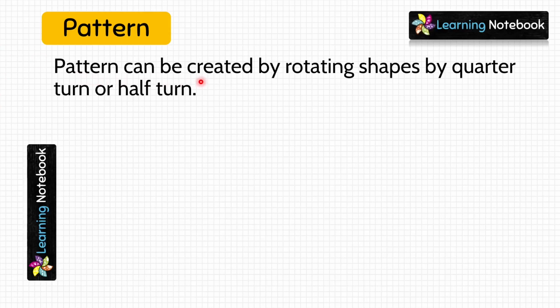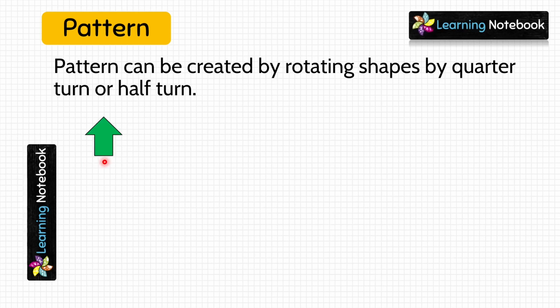Next, a pattern can be created by rotating shapes by quarter turn or half turn. For example, let's create a pattern using quarter turn. Quarter turn means rotating the shape by 90 degrees. See this shape. This is an arrow.